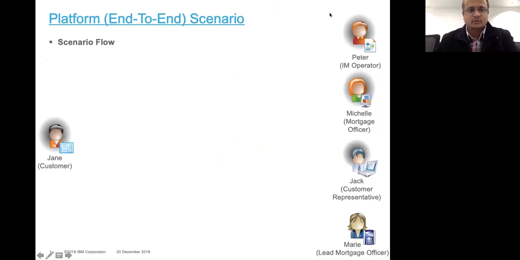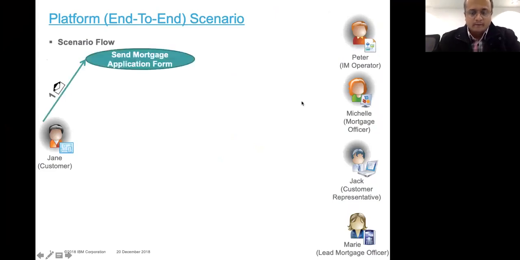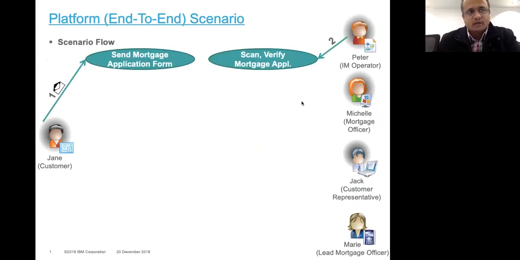So let's get started with the process flow here. Essentially, Jane starts the process. She sends the mortgage application form, which could be a paper form. In this scenario, we've taken a paper form, which is sent for scanning and OCR.